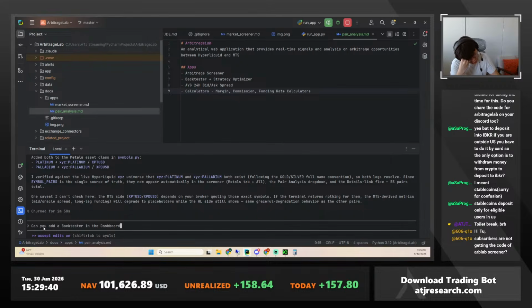I just have to think about how expensive the resources are going to be because the apps are going to be publicly hosted and members are going to use it. I don't think it's going to be that bad. I still need to set up a database and things like that, but it should be fine. Can you add a backtester in pair analysis?